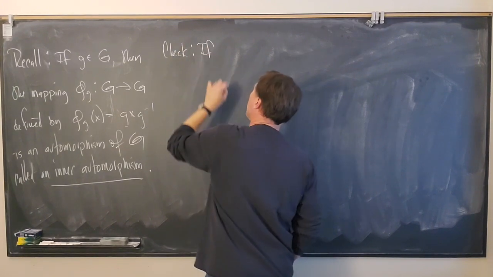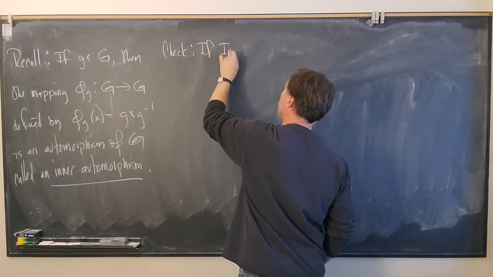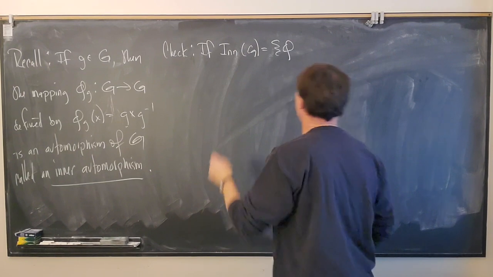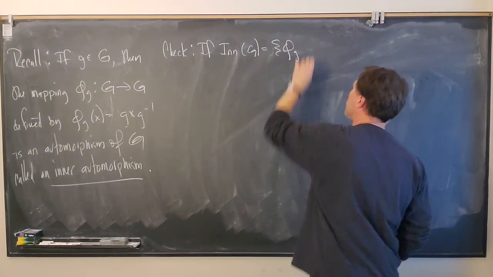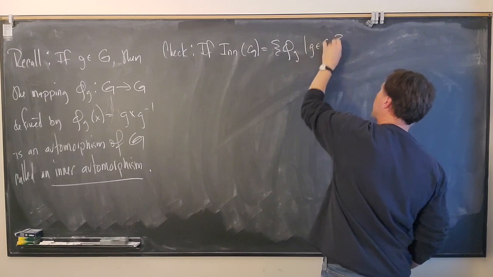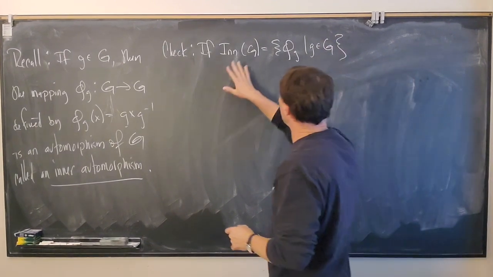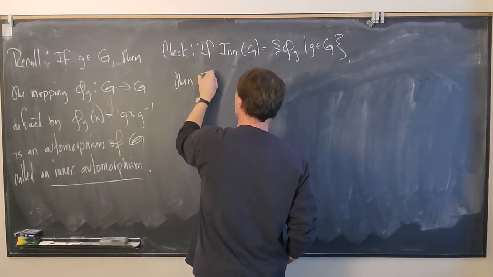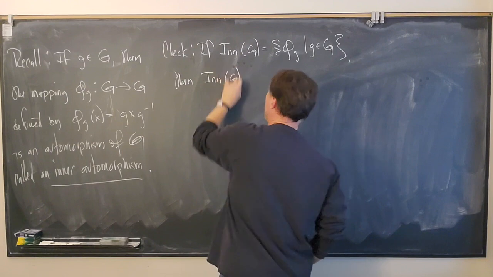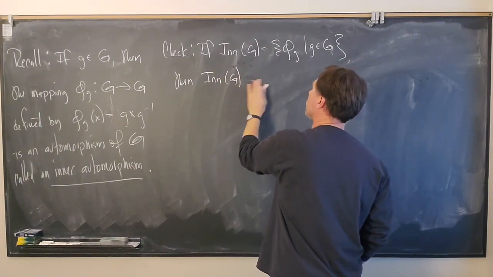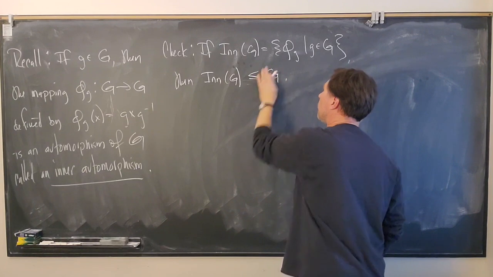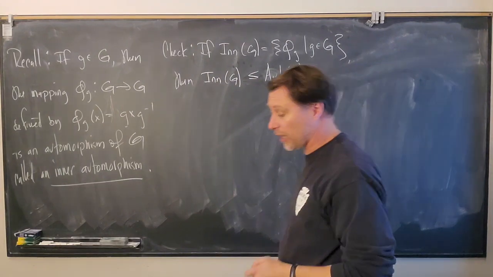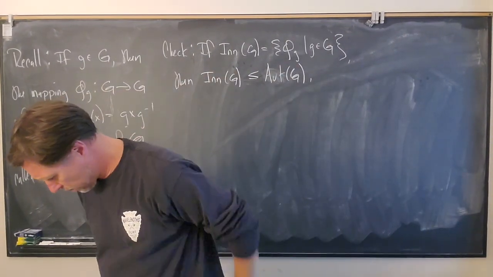If we let Inn of G equal the set of all inner automorphisms, so phi sub g, where little g runs through all of capital G, then you can check that Inn of G is a subgroup of Aut of G. So it's not necessarily the entire collection of automorphisms, but it is a subgroup.